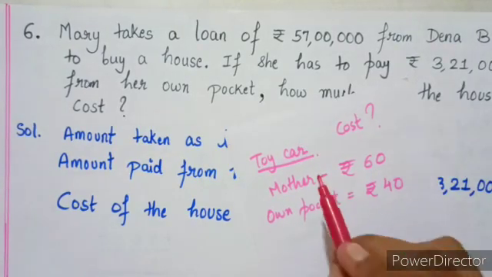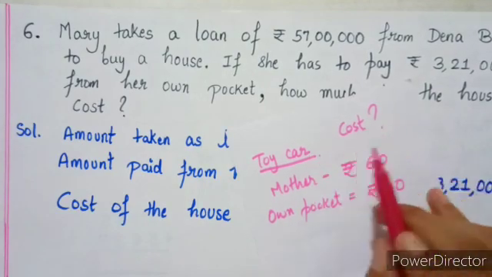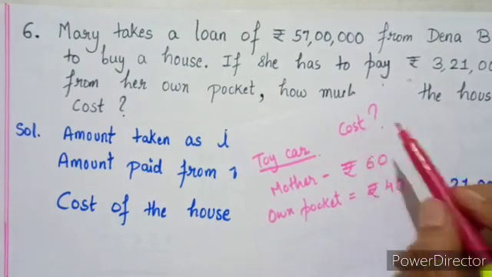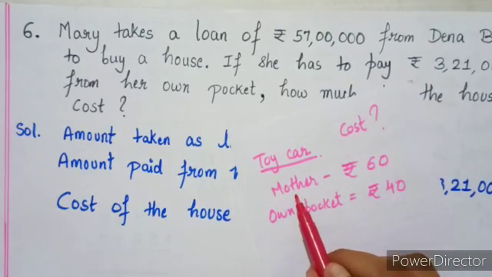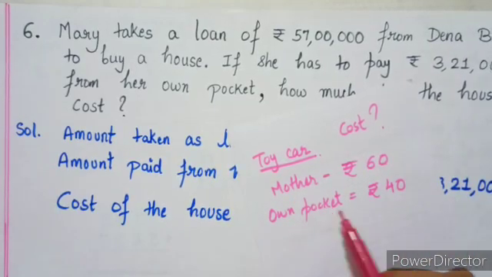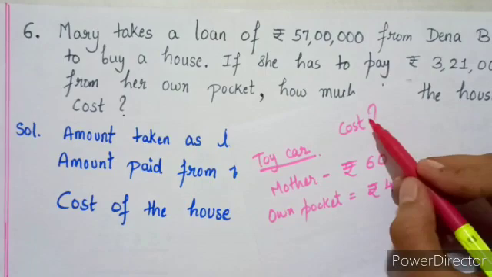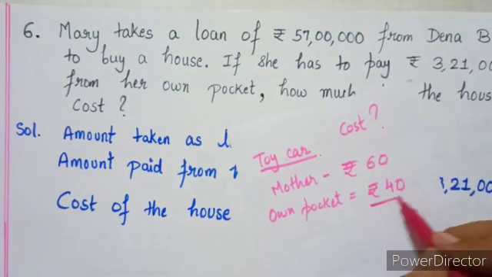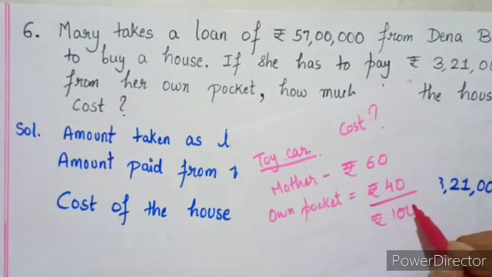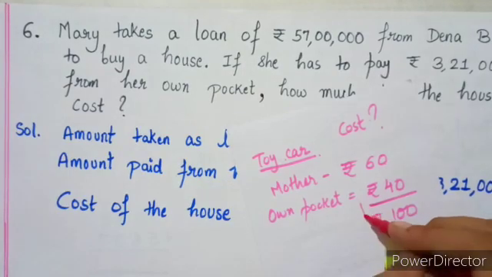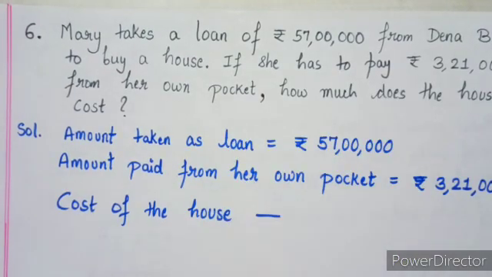So what will be the cost of the toy car? It will be rupees 100, right? What did you do? Addition, isn't it? Yes. So that's what we are going to do here.